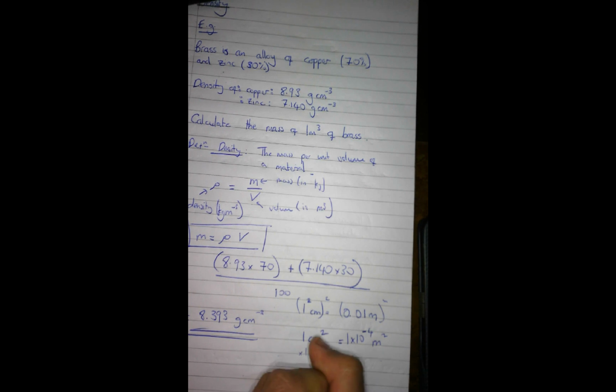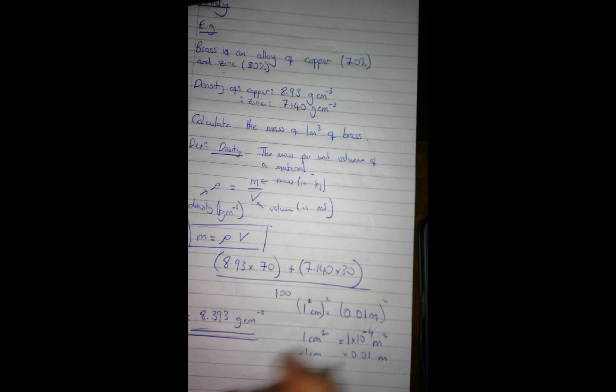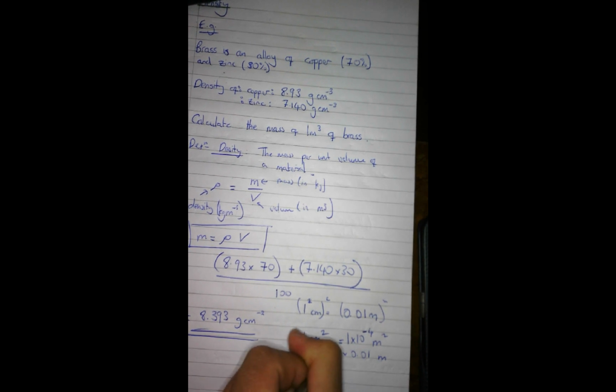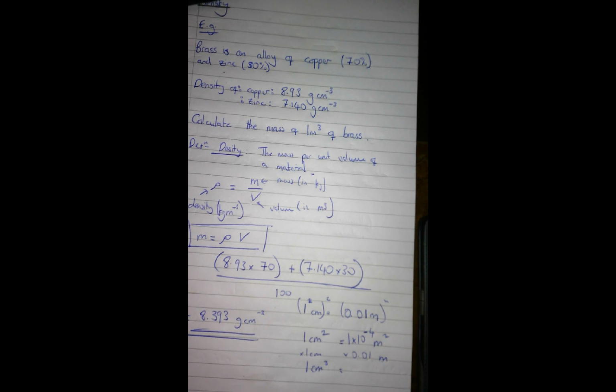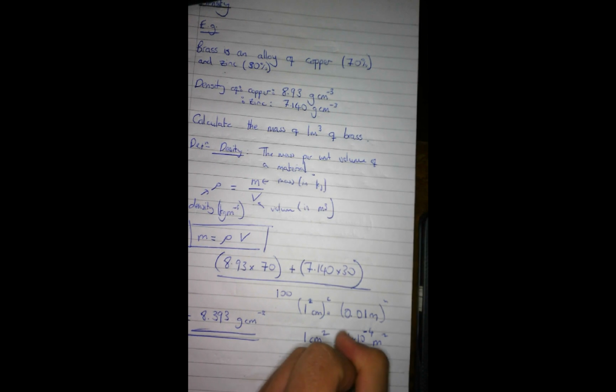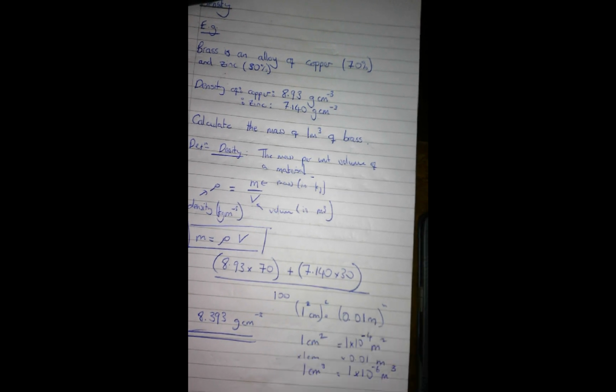Well, 1 centimetre is again 0.01 metres, so like that. So we end up with 1 centimetre cubed, and then we do that times by 0.01 again, and that is 1 times 10 to the minus 6 metre cubed.